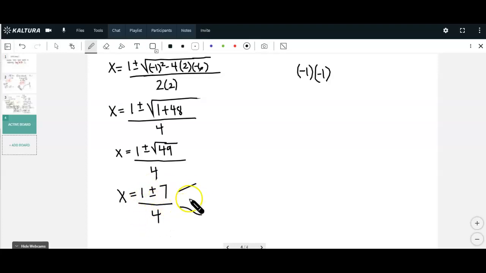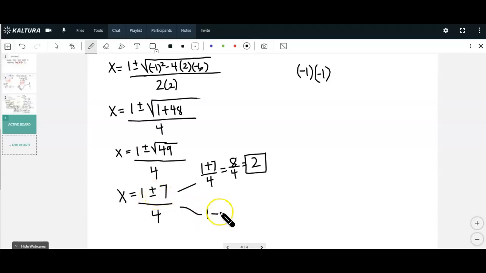So let me show these out to the side here. So we're really doing 1 plus 7 divided by 4. 1 plus 7 is 8. 8 divided by 4 is 2. So 2 is one of my answers. And then the other way, I've got to do the negative way also.